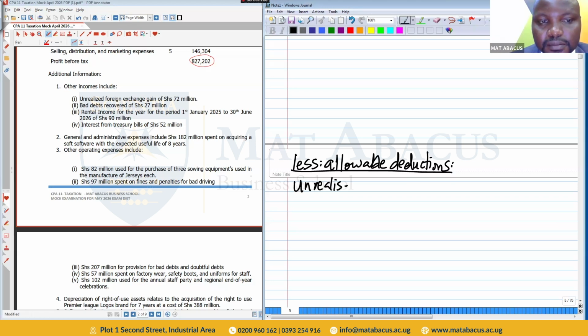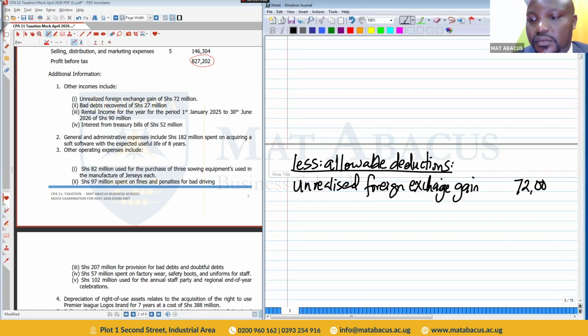Unrealized foreign exchange gain of 72 million. Then bad debts recovered. Bad debts recovered is considered as income, and given that the accountant has considered it in his other incomes, we do nothing to it.